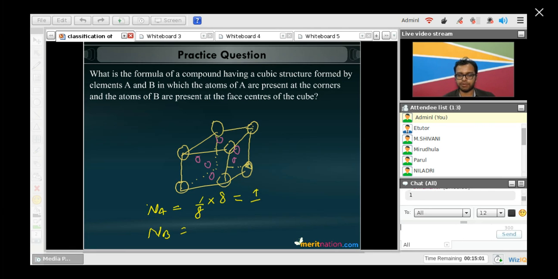There are 6 atoms of B present at the face centers. So the number of B atoms is 1 by 2 multiplied by 6, which is equal to 3. So the formula of the compound will be AB3, right?